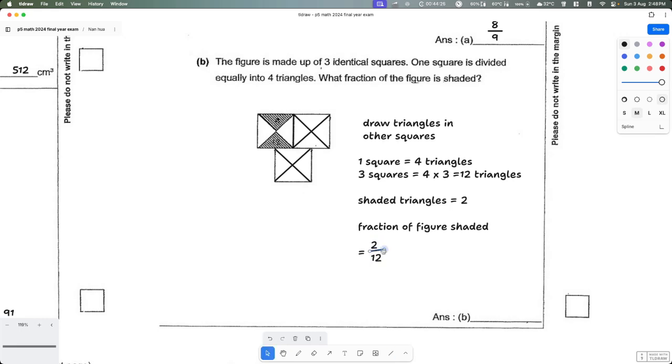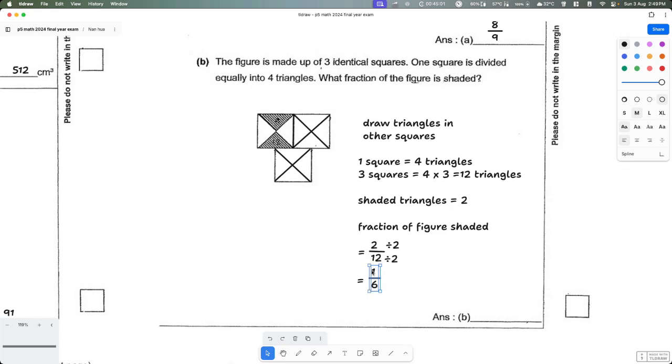So always you want to simplify this. So we divide this by 2, and divide this by 2, and this will equal to, what do you think the answer is? 2 divided by 2 is 1, 12 divided by 2 is 6. So the answer to this is 1 over 6. All right, that's it.